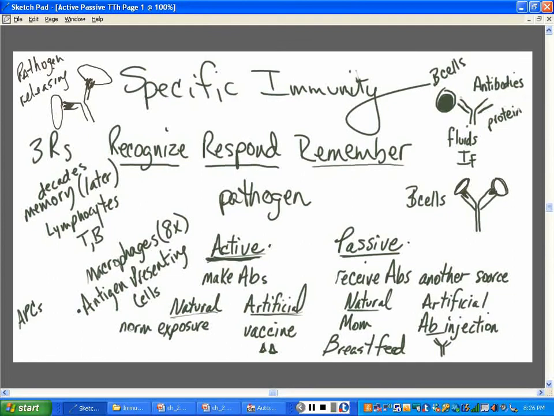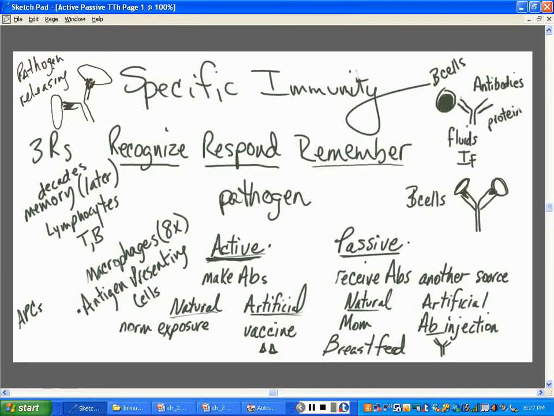What cells make the antibodies? Very good, B cells. Yes, tomorrow as we get more in depth, I will change that. But it is a subset of B cells. B cells actually, when they get activated and divide, they call them plasma cells, and plasma cells make the antibodies. The point is, they still come from your B cell type of immunity.